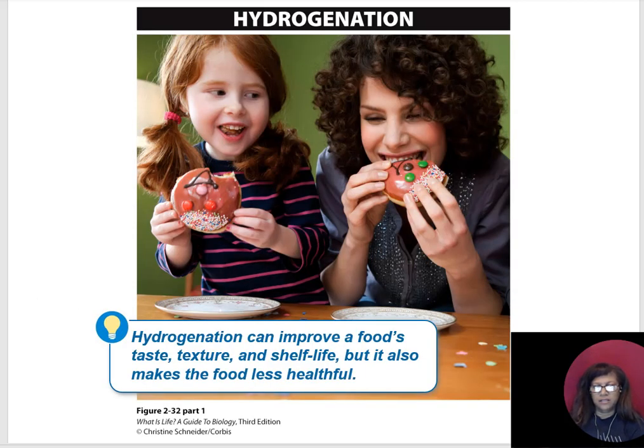Well, let's talk about another term that you've probably heard, and that's hydrogenation. Right? So hydrogenation can improve a food's taste and texture, shelf life, but it also makes the food less healthy. Let's look at why.